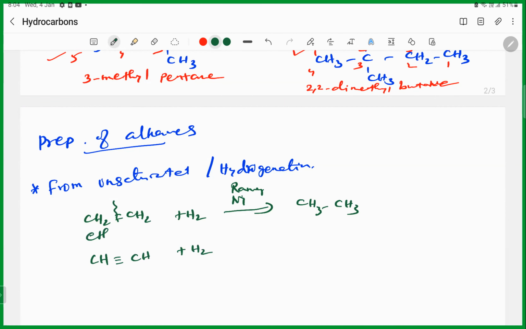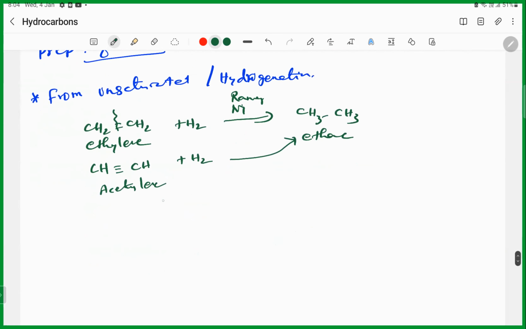So ethylene treated with hydrogen and nickel becomes ethane. Acetylene in the presence of hydrogen also gives the alkane, ethane. Another way, the same ethylene or acetylene you can treat with hydrogen in the presence of nickel or palladium or platinum.